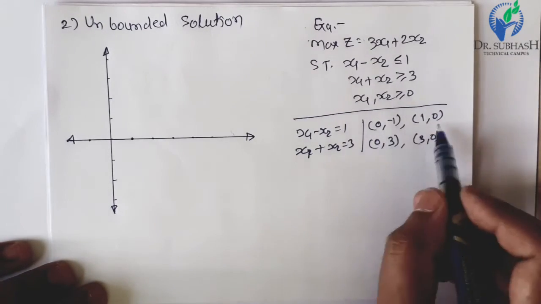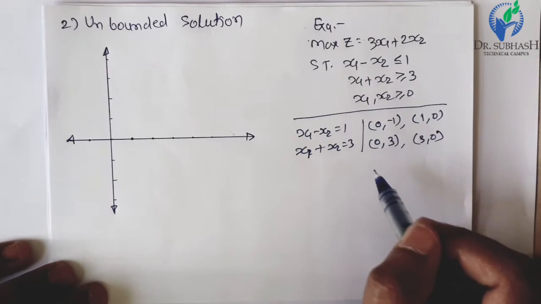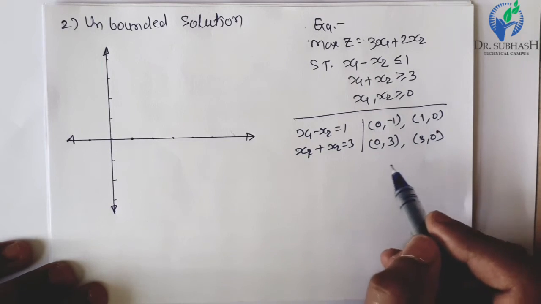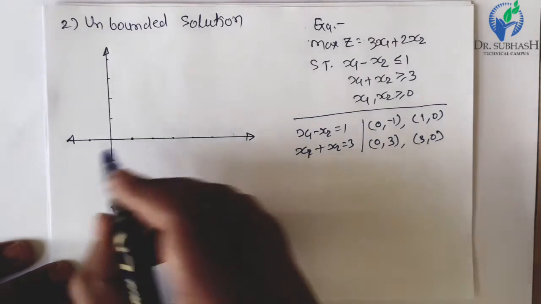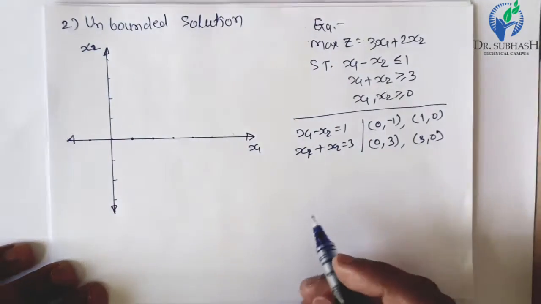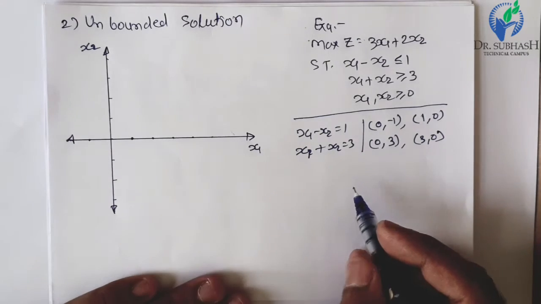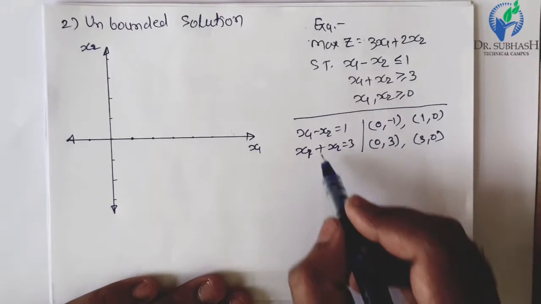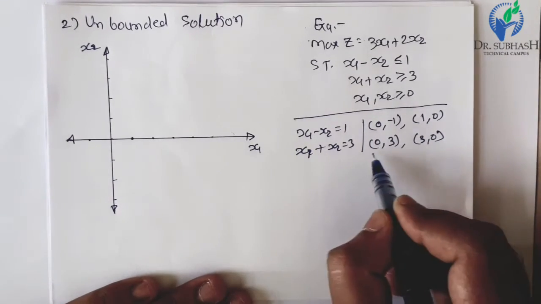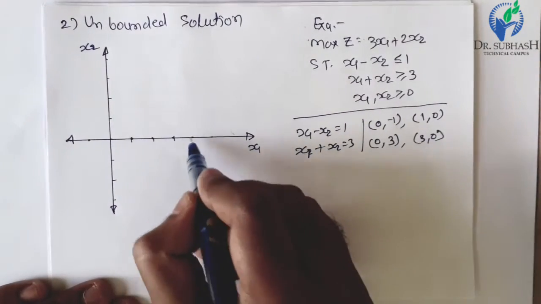Now let's try to plot the graph, but before going on to plotting, let's consider the maximum value of x1 and x2. So let's say this is the x1 coordinate, this is the x2 coordinate, for these decision variables. The maximum value of x1 is 3, so we will consider up to 3.